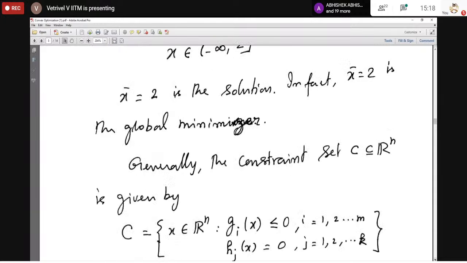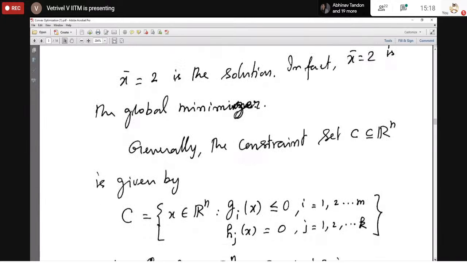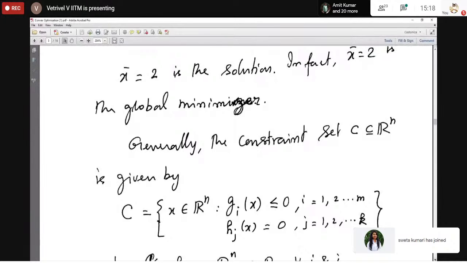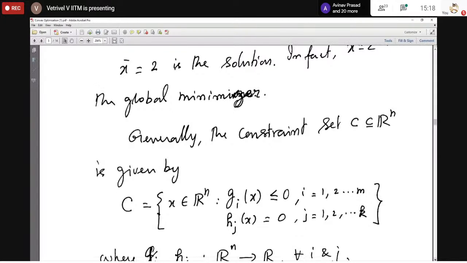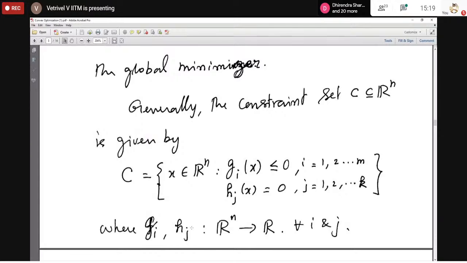Generally, the constraint set C in actual applications will be of this pattern. The constraint set C is generally given by some set of inequalities and some set of equalities, where Gi and Hj are functions from Rn to R. If I want to minimize some function f of x, then that f of x is called the objective function, and Gi, Hj are called constraint functions.